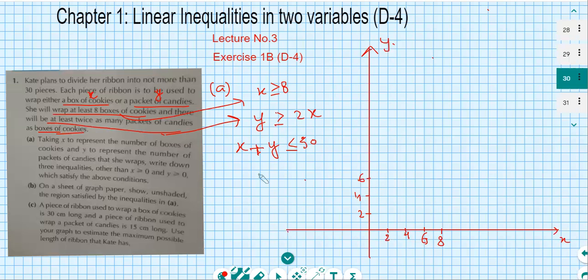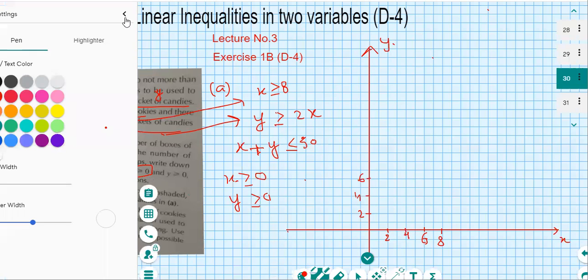All right. The first inequality is X greater than or equal to 0, so I'm writing these inequalities as well: X greater than or equal to 0 and Y greater than or equal to 0. So there are 5 inequalities we have to plot. X greater than or equal to 0, plotting with blue color.